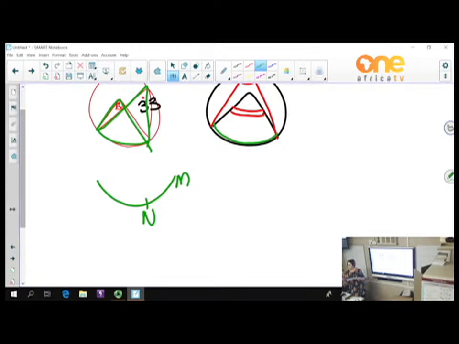But we work with the parallel lines. So use your parallel line effect. It is a quadrilateral, and it has parallel lines with alternating angles. So this one here at N is 54. This one here is 54, alternating angles with the parallel lines.